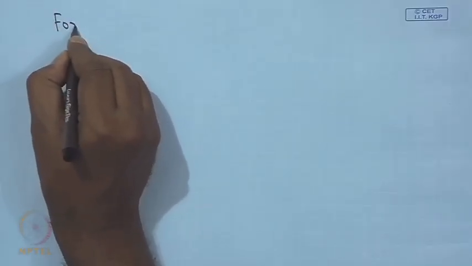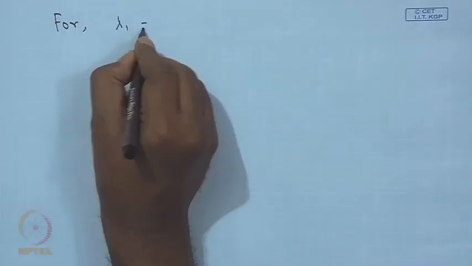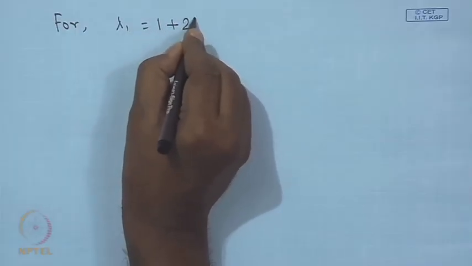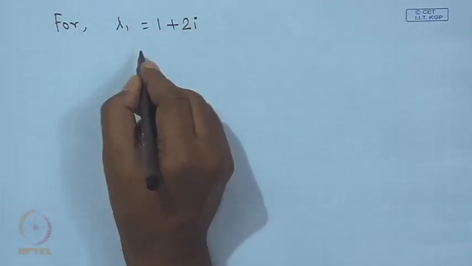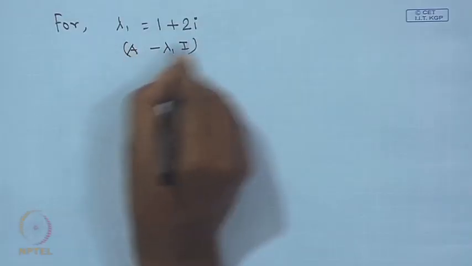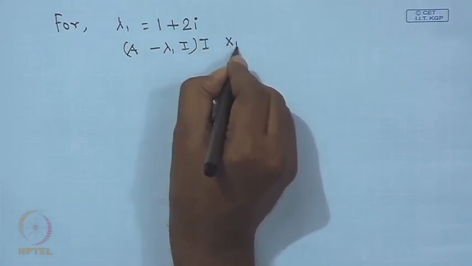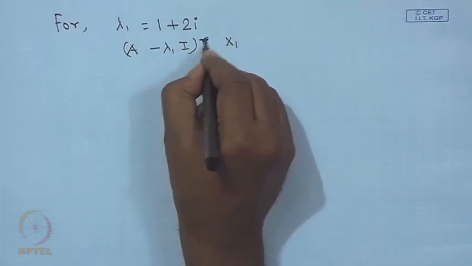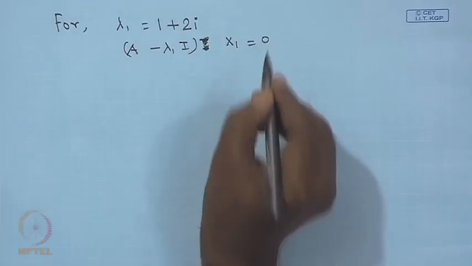So, let us talk about the first root, and we will be evaluating the corresponding eigenvectors. Corresponding to eigenvalues, next we evaluate the eigenvectors of the matrix A. For eigenvalue lambda 1 is equal to 1 plus 2 I, we will be having (A minus lambda 1 I) x 1 is equal to 0.